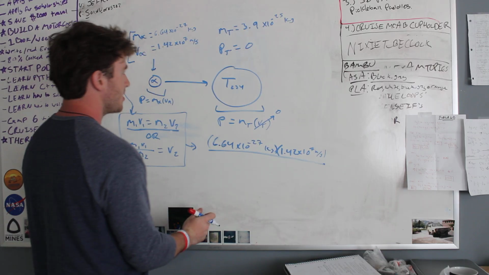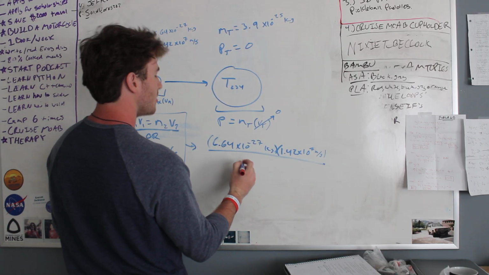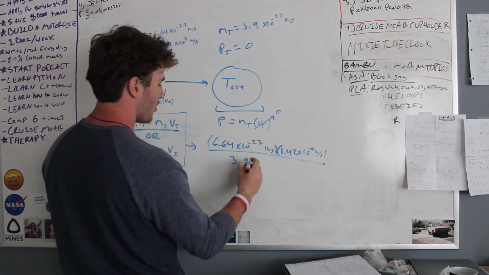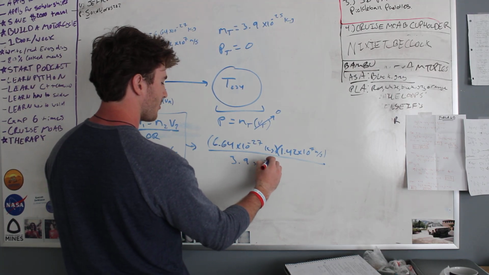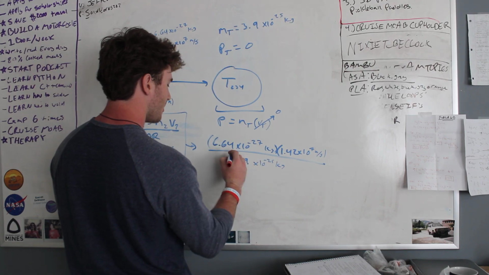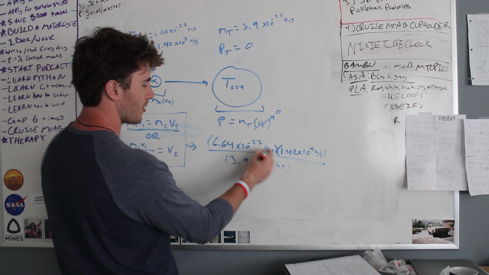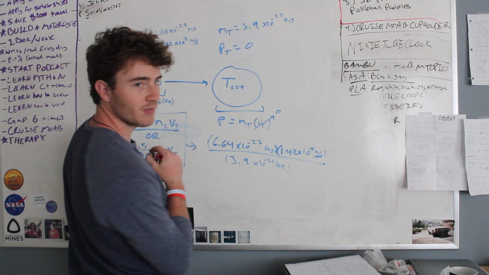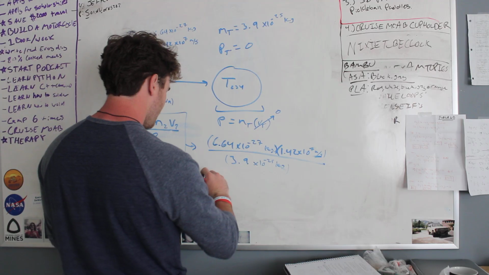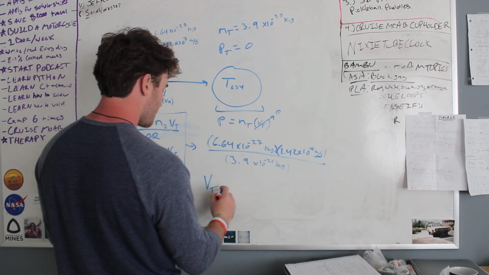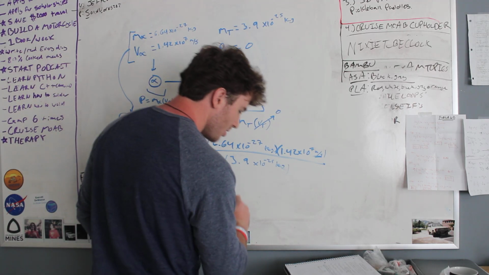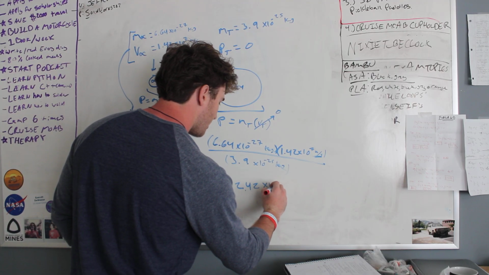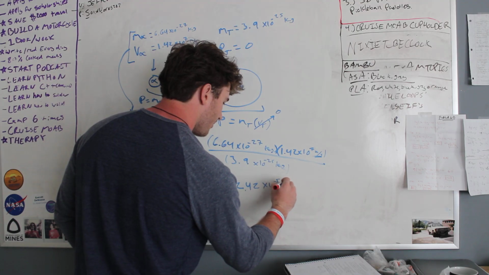The mass of our thorium isotope is 3.89, we're calling it 3.9 times 10 to the negative 25th kilograms. Here, those kilograms will cancel, and I will get strictly a number in meters per second. It spits out 2.42 times 10 to the 5th meters per second.